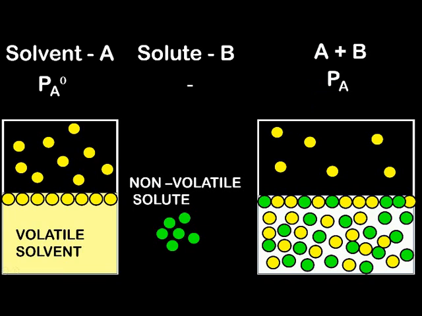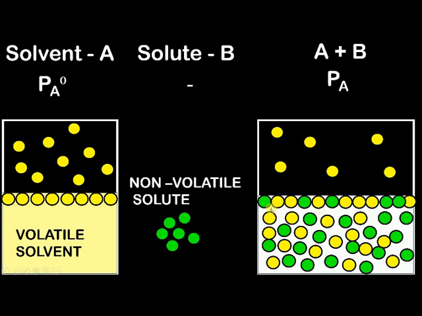Now guys, why is it so that the value of Pa is less than Pa0? Let's understand this. See, as I mentioned in the starting of the video, vapors are created because of the top layer molecules. These top layer molecules will form vapors. So as you can see over here, in this top layer there are only A molecules present. Okay, whereas in this top layer, as you can see in the green color, there are B molecules also present.